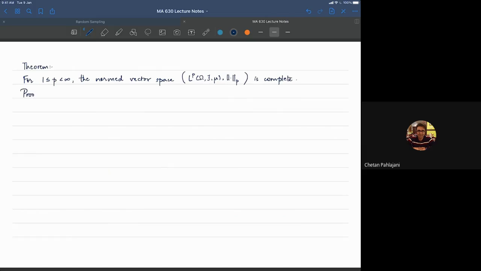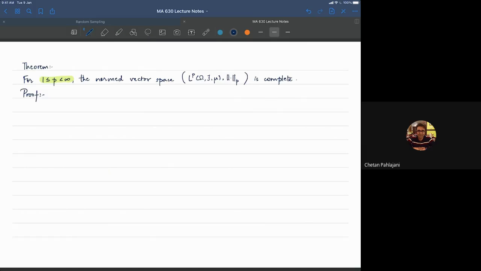So let's prove this. Note that in this statement, we only looked at the case where 1 ≤ p strictly less than infinity. The claim is also true for p equals infinity, but I'm not going to go through it. All right, so let's prove this.